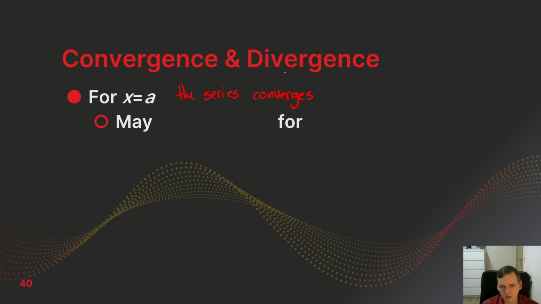This is because you've got the term (x minus a) to the n times c_n as your general term. So if you plug in x equals a, this expression goes to 0, and no matter what you're adding, you're always adding 0 because c_n is some constant, and 0 times a constant is 0. So you add an infinite number of zeros, and it's going to converge.